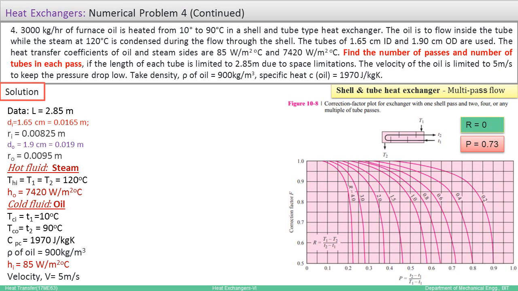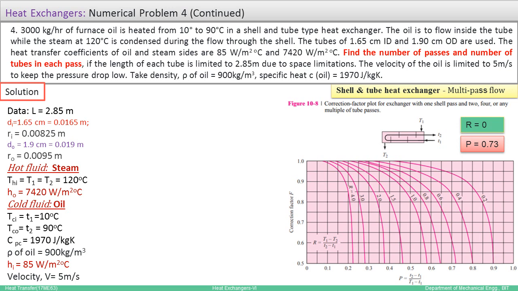Now we observe the graph carefully. This is for one shell and two, four, and many multiples of tube passes, and in this it is clear that for value P is equal to 0, the correction factor can be taken as 1. But here it is not the case of P is equal to 0 in this particular problem.